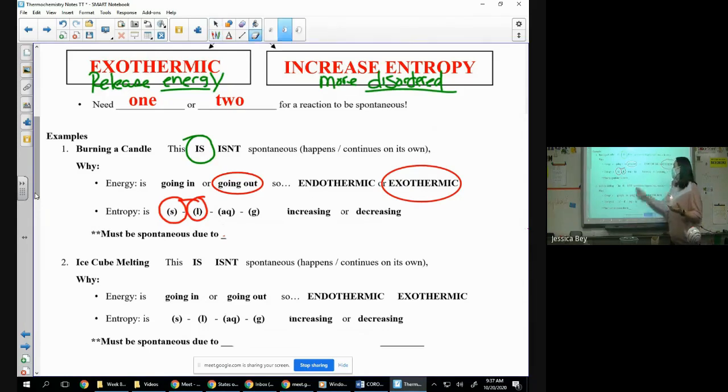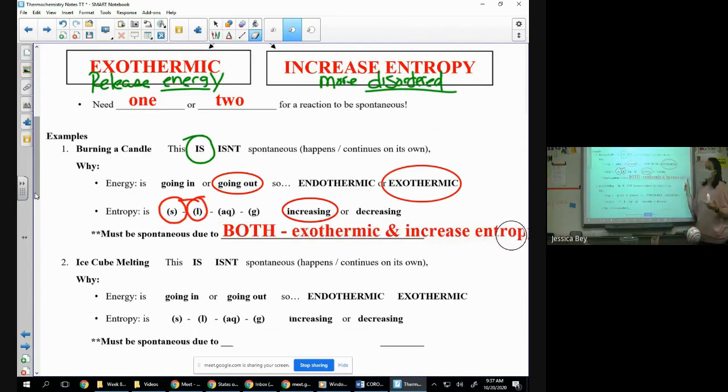It is increasing my entropy. Now look up here. Do I have both things correct in order to be spontaneous? Oh, I do. Okay, so if I asked you, why is this burning by itself? You would say, well, that's because it's exothermic and increasing entropy. Duh, right? Very good. Now you're talking like some real chemistry students here.